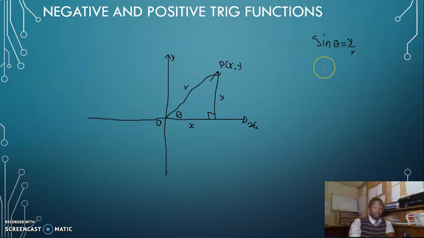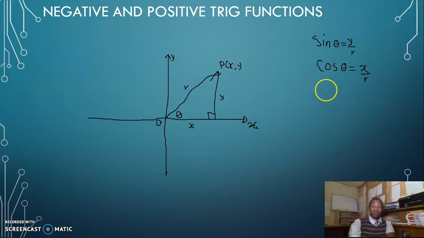And then what about cos? You've got cos theta, which is adjacent, and our adjacent is x, and then over r.